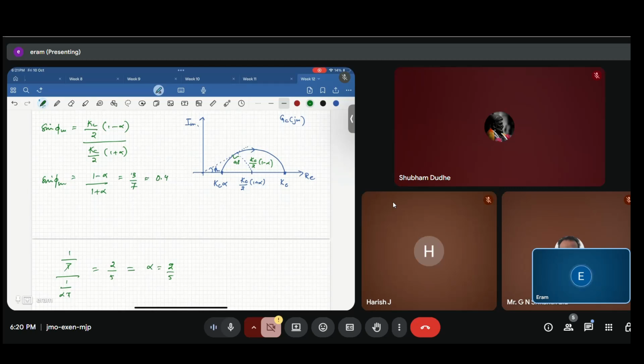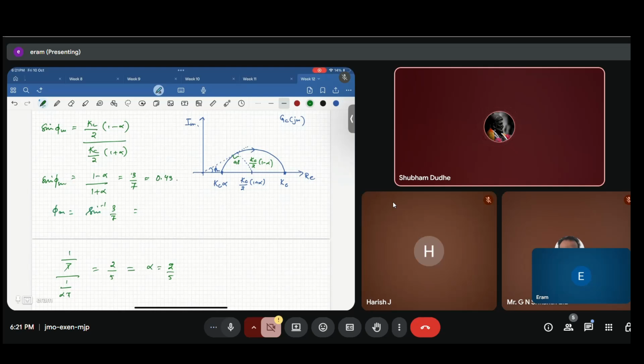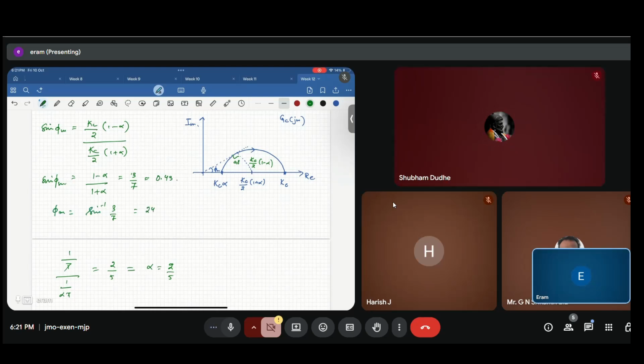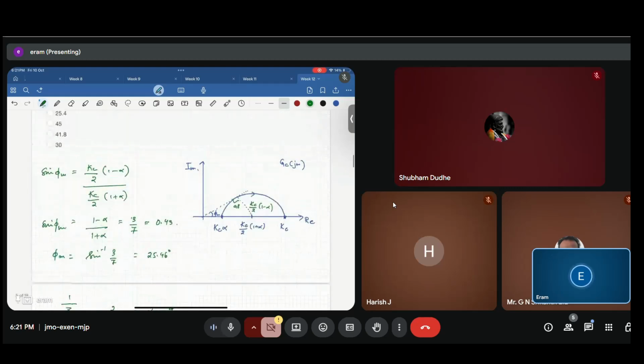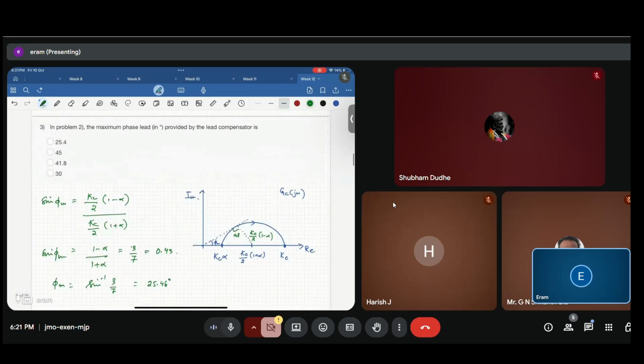This will be almost 0.43. Now calculate phi m, which will be sine inverse of 3 by 7. How much will you get? 25.46. Okay, so this will be the maximum phase which this lead compensator can provide.